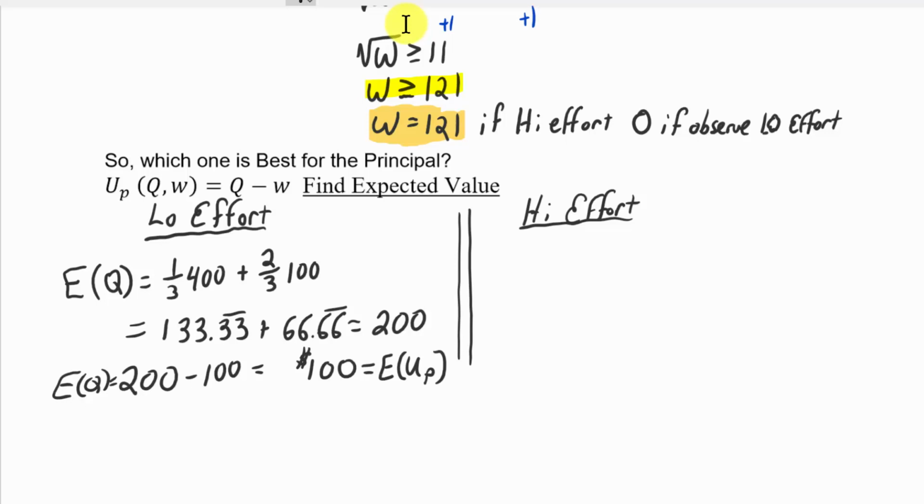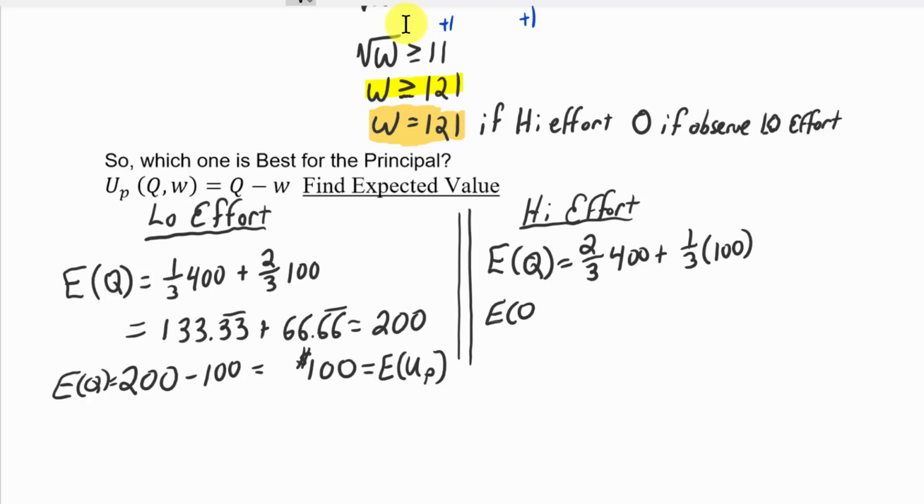Now, what if we paid this person to provide high effort? We're going to pay them $121 if they provide us high effort, and they will. The agent's not going to want to risk earning 0 if we see them providing low effort. Similarly, the expected value of our output is going to be now a 2/3 chance that we get the high output, 400, plus a 1/3 chance that we get the low output, 100.